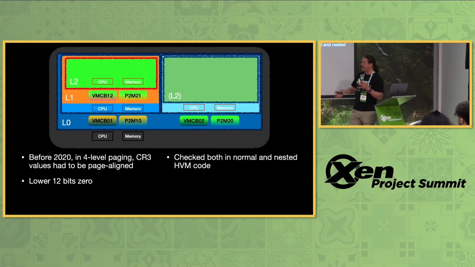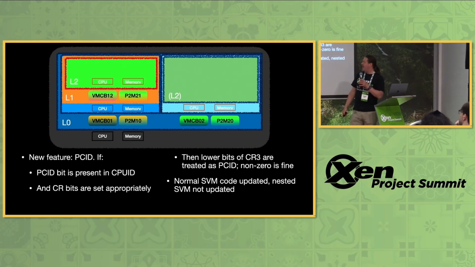So before 2020, if you were in 4-level paging mode, the lower 12 bits of the CR3 always had to be 0. This was checked both in the normal HVM code and in the nested HVM code. And if somehow the VMCB12 ended up with a CR3 that had stuff in the lower bits, then when you did a VM run, the code would say that's not allowed and fail your VM run.